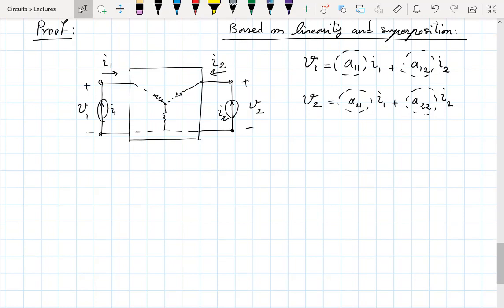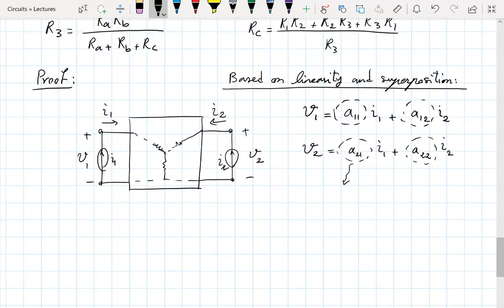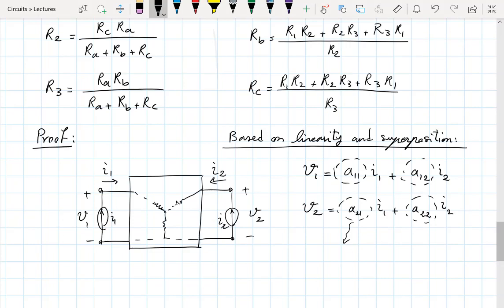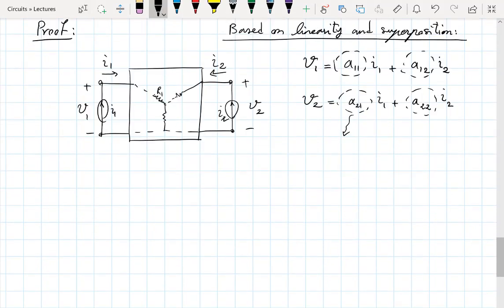And so these coefficients, if we call these R1, R2, R3 going clockwise, these depend on R1, R2, and R3. So this is basically what determines the behavior of the circuit looking at it from the two sides, from the outside.